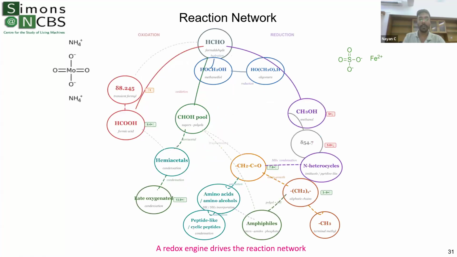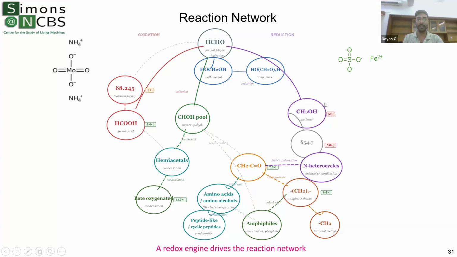And so overall, we are constructing a reaction network which points towards how, starting from formaldehyde, which is the sole carbon source, one can get the different types of molecules and the biomolecules that one sees in the data. Broadly speaking, the entire system is driven by a redox engine between iron and molybdenum, and iron and molybdenum combined together simultaneously oxidize and reduce formaldehyde in different proportions.